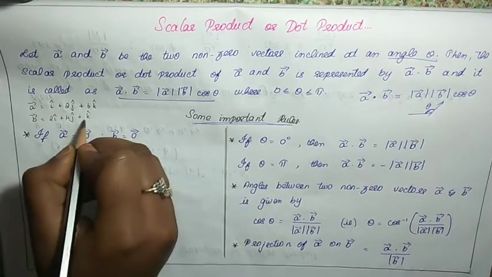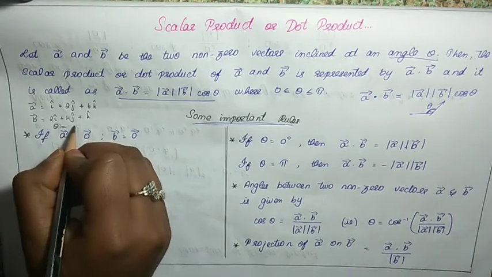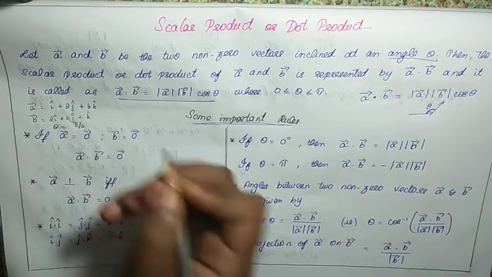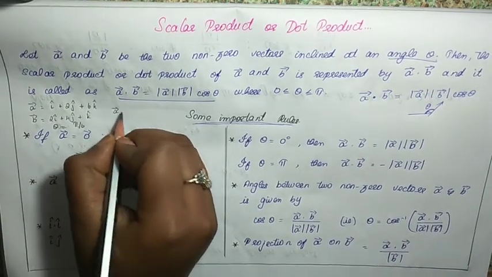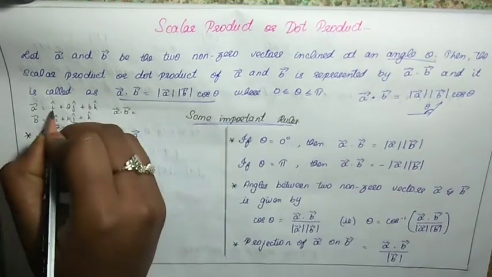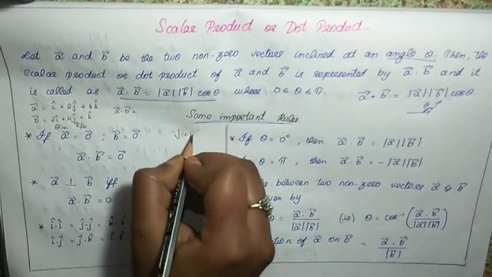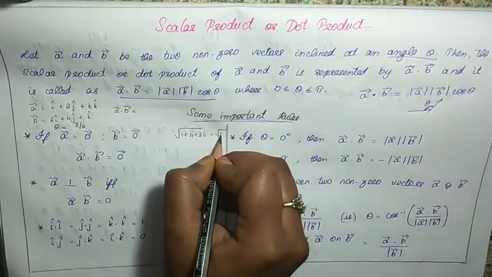Then the angle theta is pi by 6. So what will be a vector dot b vector? I will take the square root for the mod: 1 plus 4 plus 36 gives me root 41.